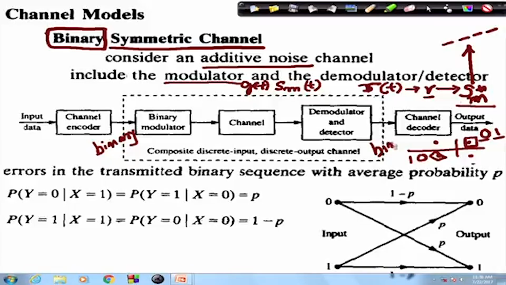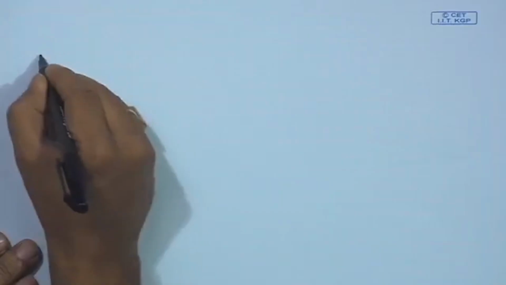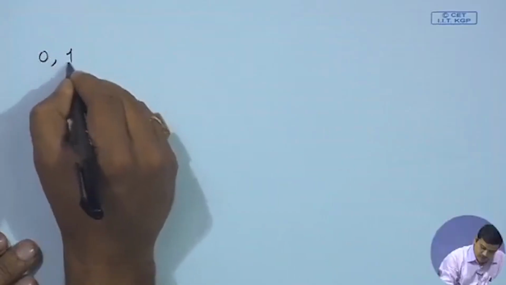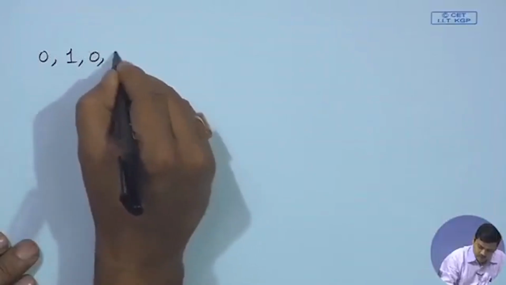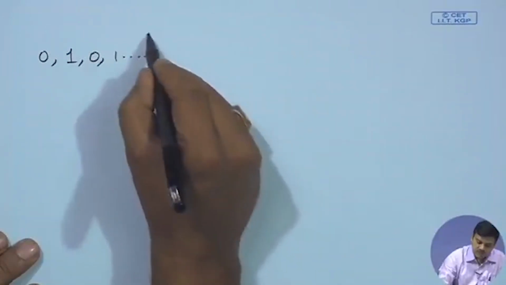So, we are at the binary interface. When we are at the binary interface, what we have is a bit sequence, zeros and ones, which goes into the symbol mapper. So, we construct the channel out of that.